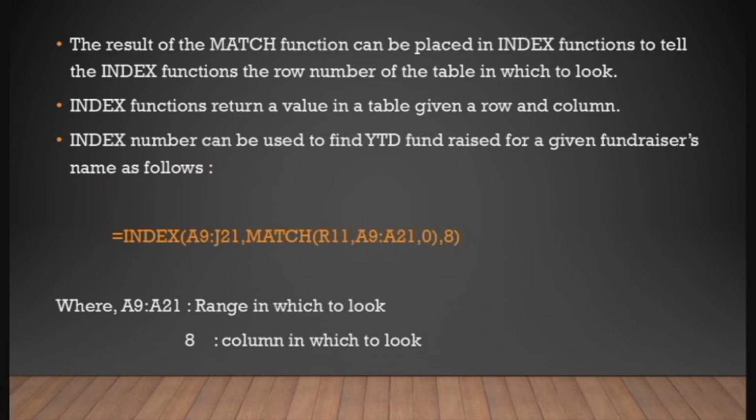The result of the MATCH function can be placed in the INDEX function to tell the INDEX function the row number of the table in which to look. The INDEX function returns a value in a table given a row and column.